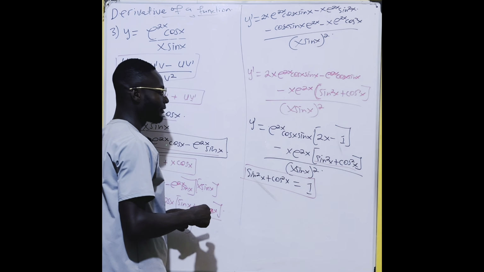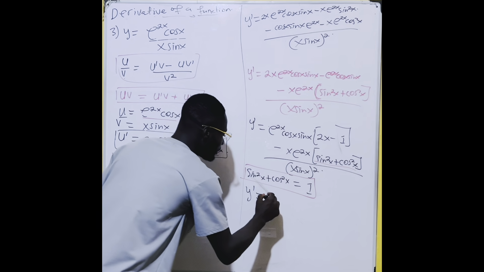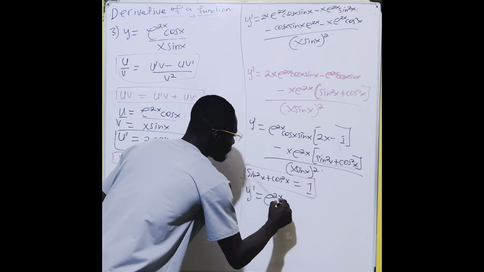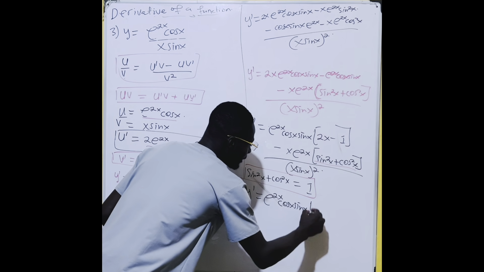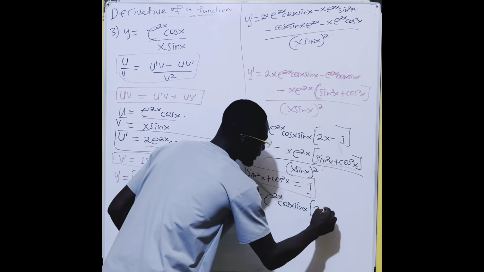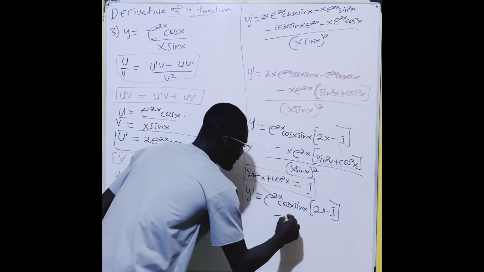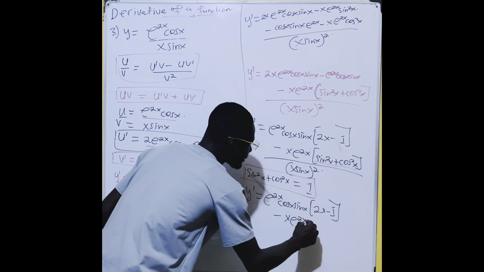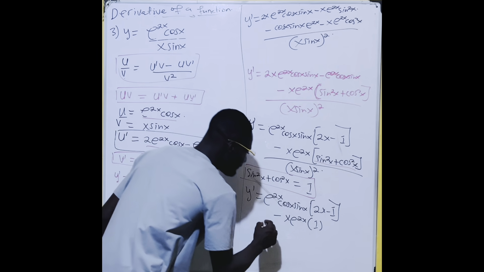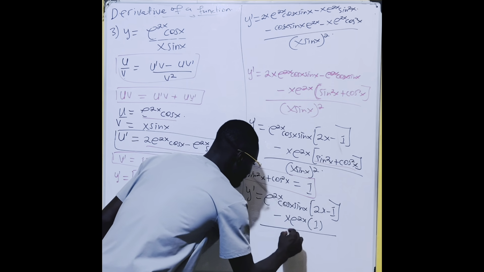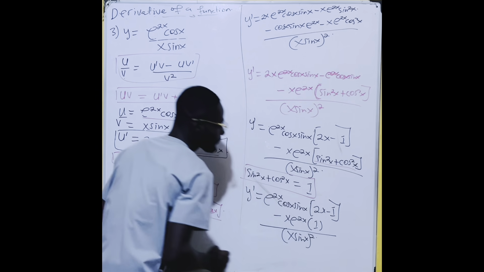So we're going to have y prime equals e to the 2x cos x sine x into 2x minus 1 minus x e to the 2x into 1, right? Divided by x sine x all squared.